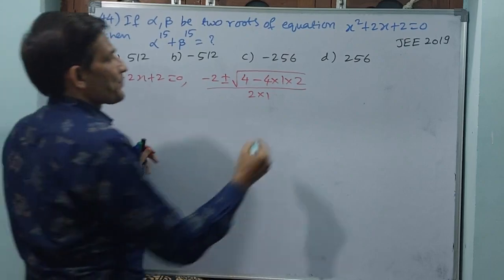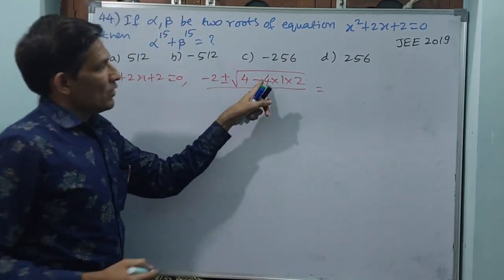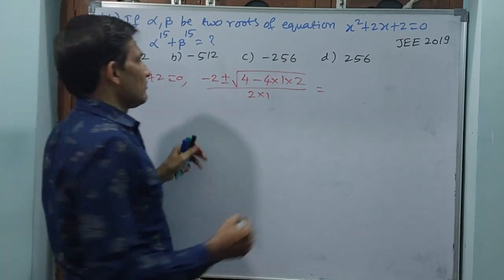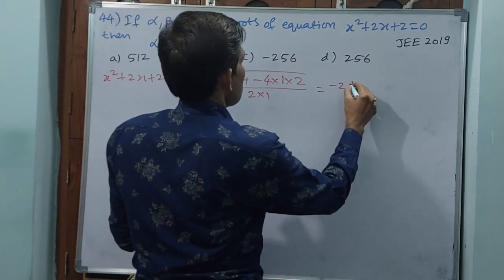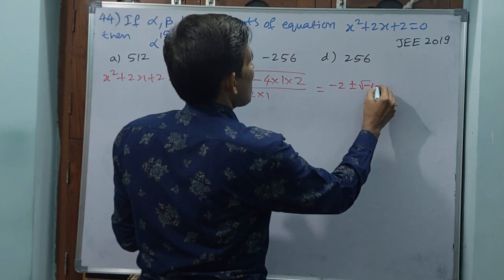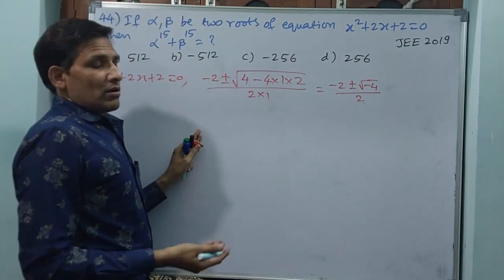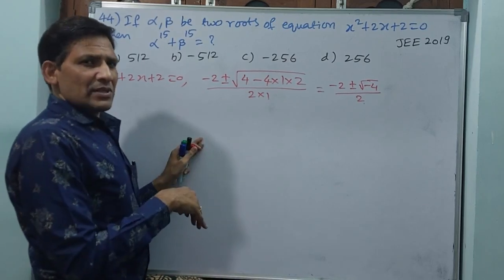That is equal to, you see, 4 2s are 8, 4 minus 8, minus 4 will come. Minus 2 plus or minus square root of minus 4 divided by 2.